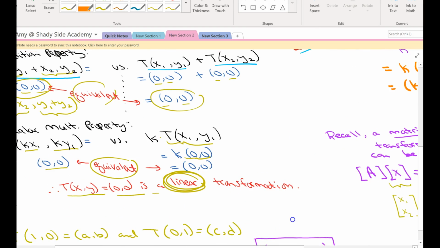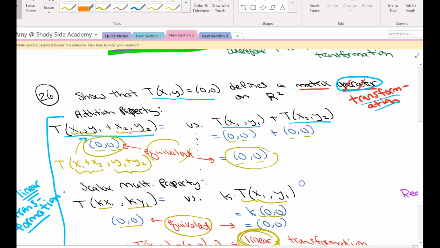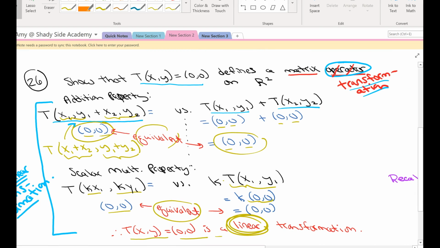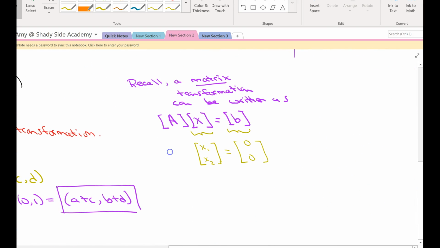If this linear transformation right here is also a matrix transformation, there needs to be a way I can express this transformation as a matrix equation and refer to the transformation as this matrix transformation. So this matrix, we know it's going to be a 2 by 2.